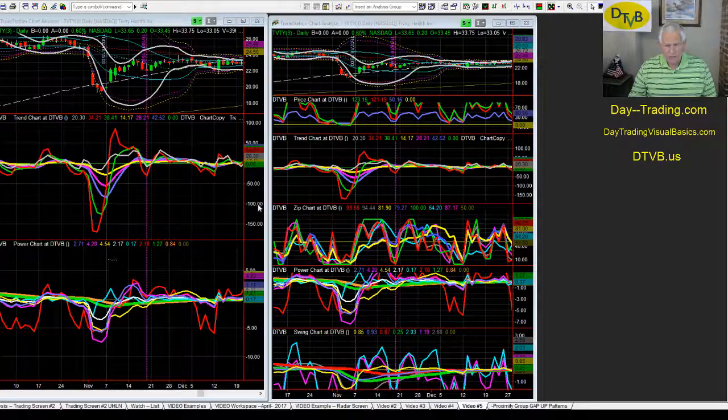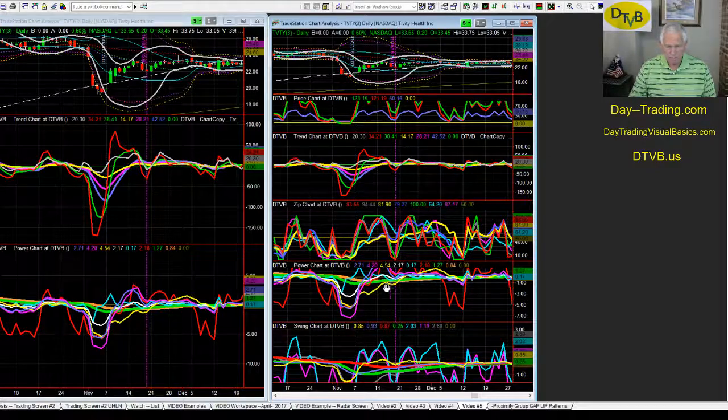Now, the other thing I'll point out is that when you're seeing the trend red at minus 150, that's going to be one of your better examples of an uptrend, and it shows up over here on the zip chart, and on the power chart right here in your twin yellow lines. When they are lowest and going up, you're in an uptrend.